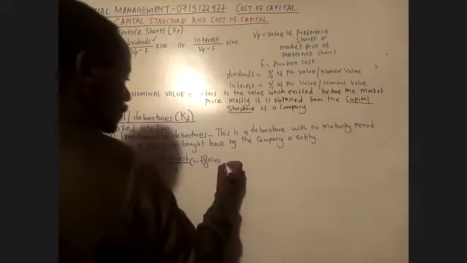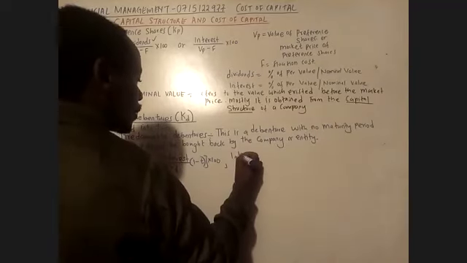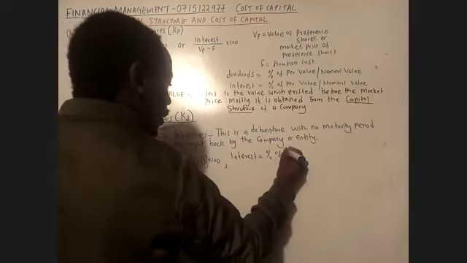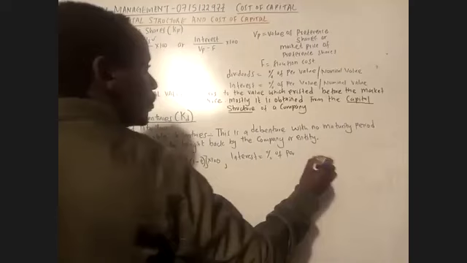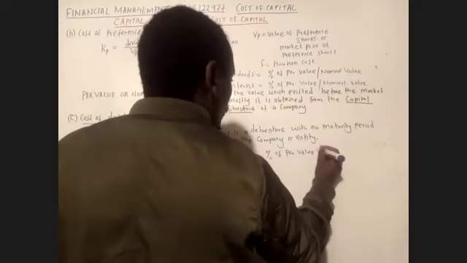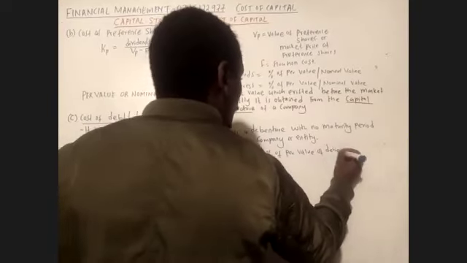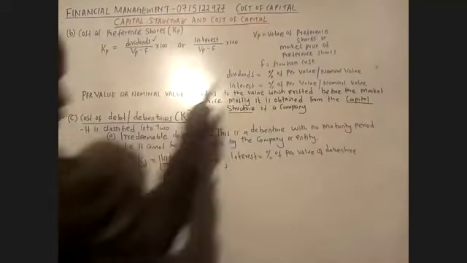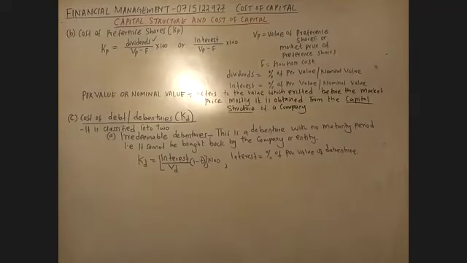Now, interest. How do you get the interest? It is a percentage of the par value of the debenture. Let's go back up to preference shares.